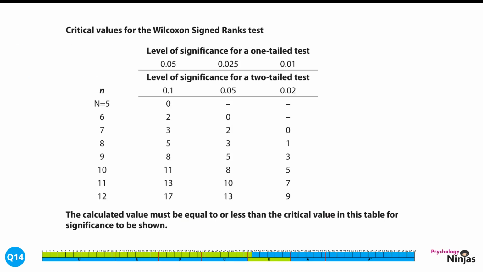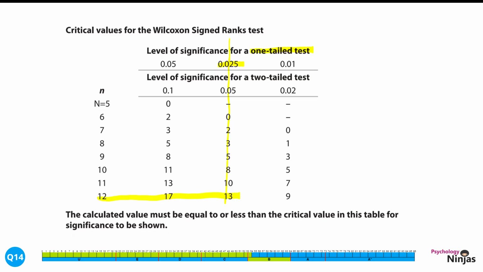Our first job is to find our critical value, and we're going to use this information from the STEM. The STEM tells us that we have a one-tailed test, and we're using 2.5 as our level of significance. Therefore, we're going to go down this column in order to determine which value is our correct value. The number of participants, or N, is 12, because we have 12 participants.